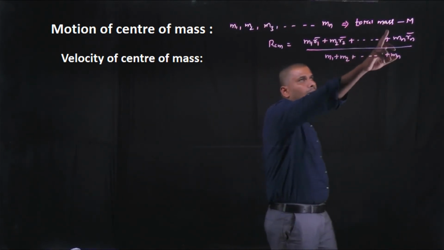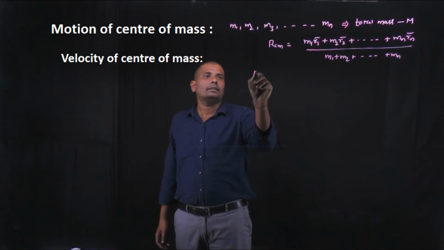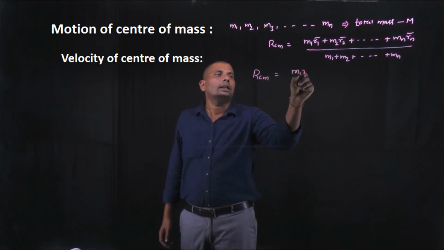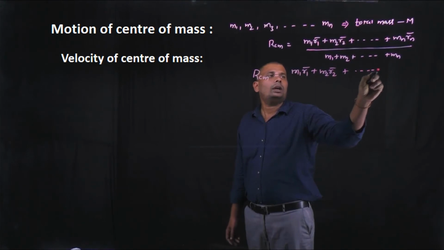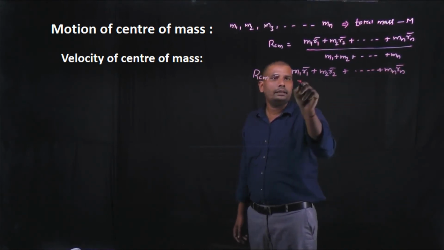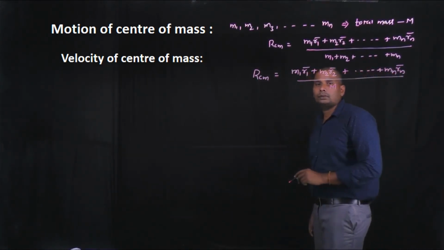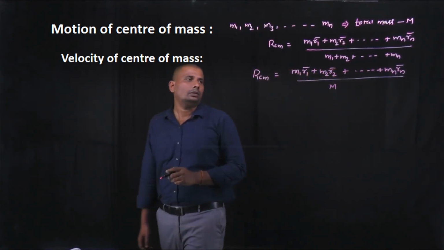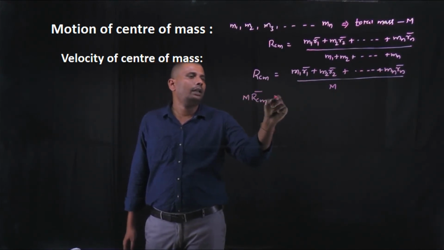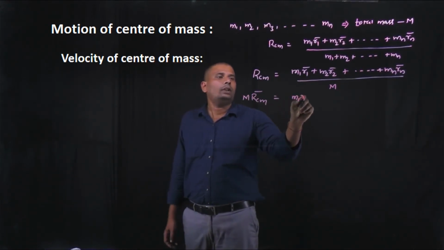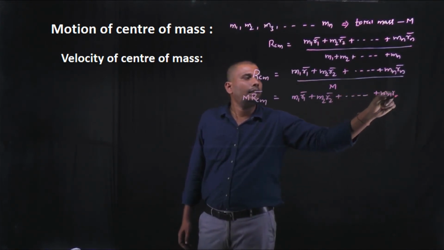By adding, the total system contains the mass capital M, and it can be written as RCM equals M1 R1 bar plus M2 R2 bar plus and so on plus Mn Rn bar by, in the denominator, the total mass of the system capital M. Okay, on getting capital M to the LHS, it is capital M into RCM bar equals M1 R1 bar plus M2 R2 bar plus and so on plus Mn Rn bar.